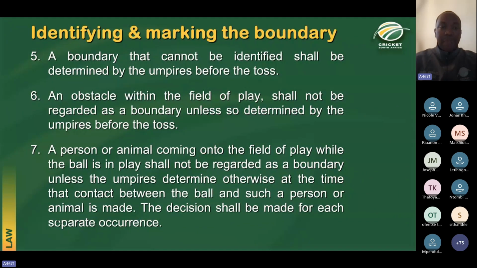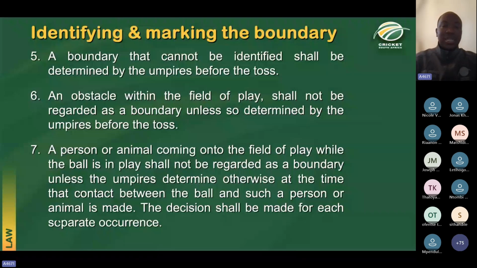So for example, if a batter hits a cover drive very hard and it goes through the covers, it's rolling towards the boundary, and just as it's about to reach the boundary, a dog runs onto the field of play and the ball hits the dog and the ball stops and doesn't go over the boundary rope.